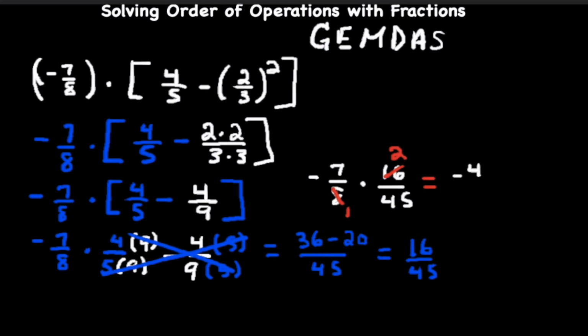Meant to write the 1 first. Negative 14, and 1 times 45 is 45. So our simplified answer is negative 14/45.